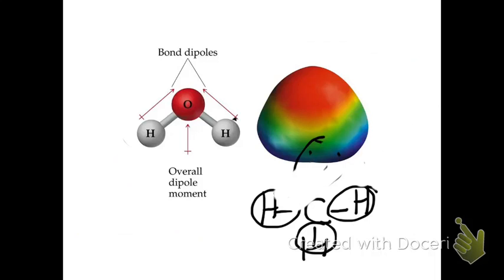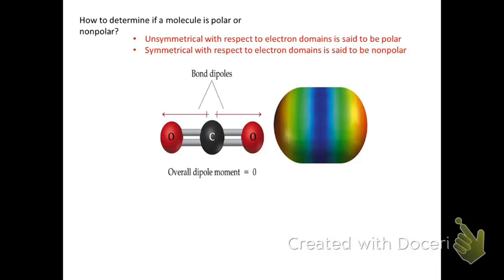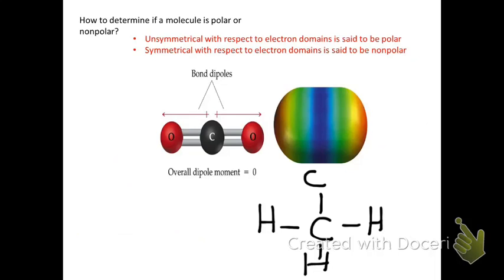Now let's try another one. Let's go back up here. I think I have more room. Let's look at a carbon, hydrogen, hydrogen, and another hydrogen, and then a chlorine.